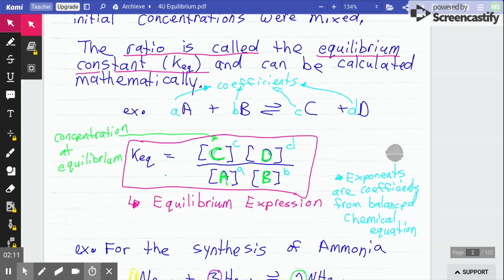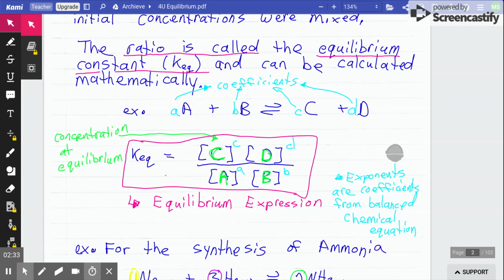So you are taking the concentrations at equilibrium, and then you are pulling their coefficient down from the balanced chemical equation and putting it as their exponent. So you're using concentrations at equilibrium, and exponents are the coefficients from a balanced chemical equation.